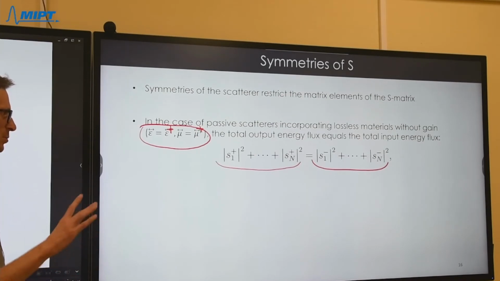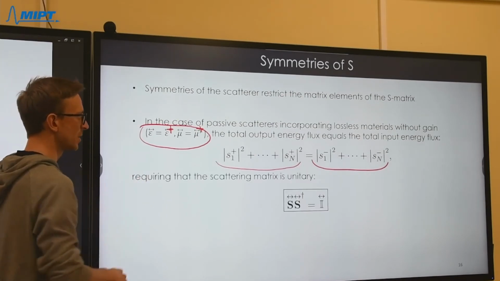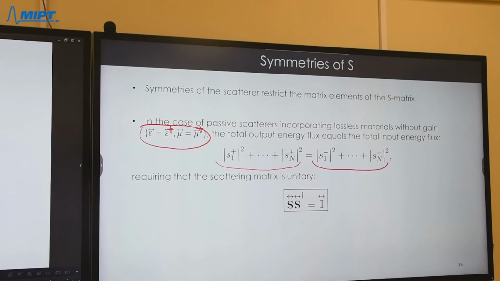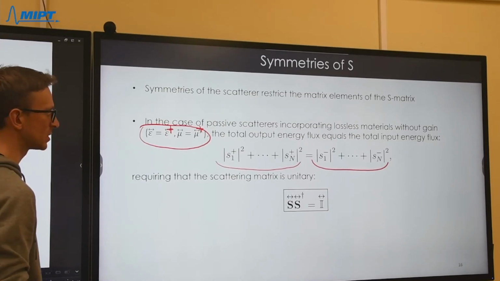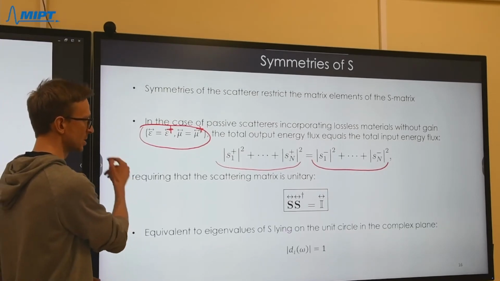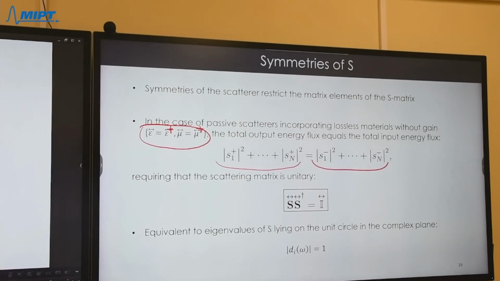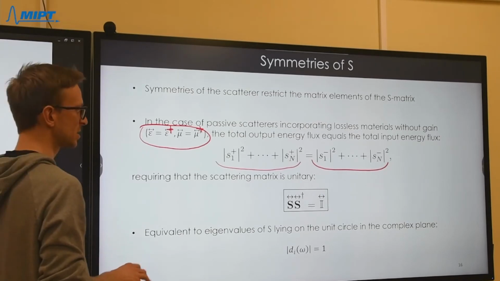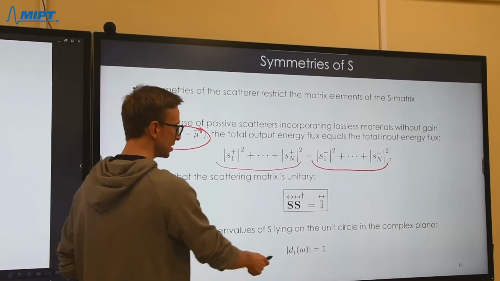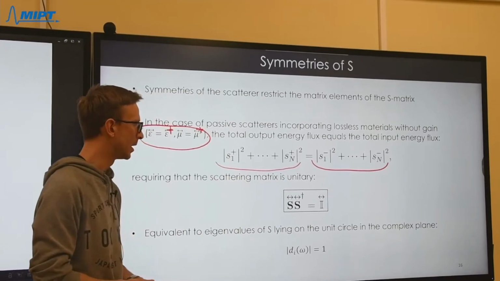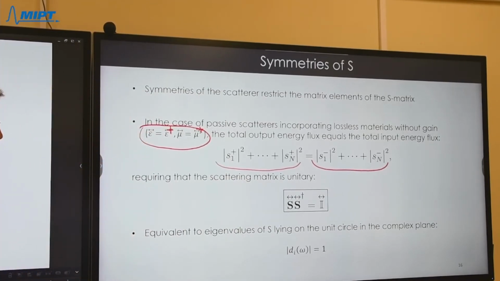And if we do a little bit of math, we'll arrive at the conclusion that this is equivalent to the S matrix being unitary. So S times S Hermitian conjugate equals unitary matrix. In other words, in terms of the eigenvalues of S, it means that every eigenvalue of S, if it can be diagonalized, has absolute value equal to 1. Right.